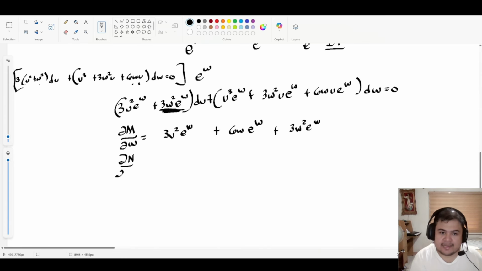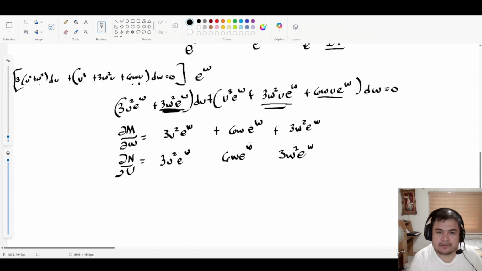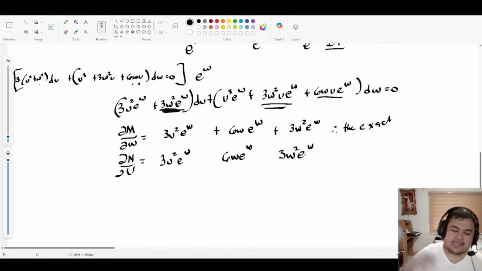For the n with respect to u, that will become 3u square e to the w plus, with respect to u, there's only one u there, so it becomes 3w square e to the w, then this one is differential with u, 6w e to the w. Therefore, the equation is exact.